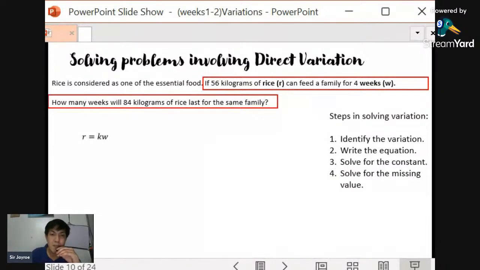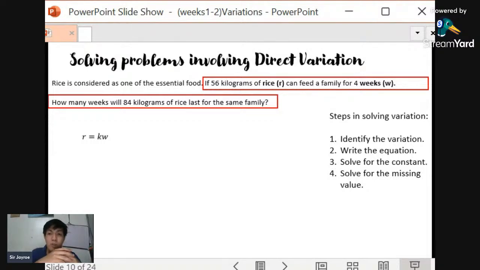Kapag mas madami yung bigas, mas maikli ba yung weeks na itatagal sa pamilya o mas hahaba? Okay, so that is the idea. That is very simple, di ba? Syempre mas dadami yung weeks, no?